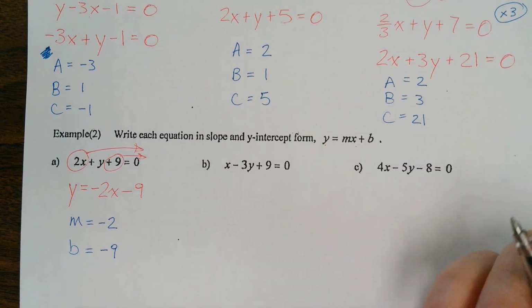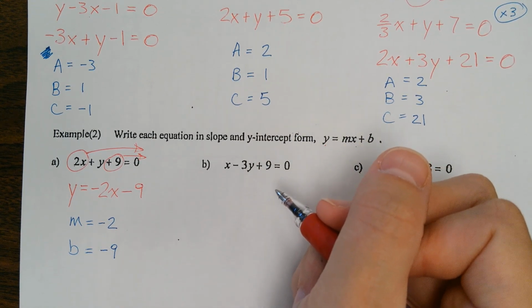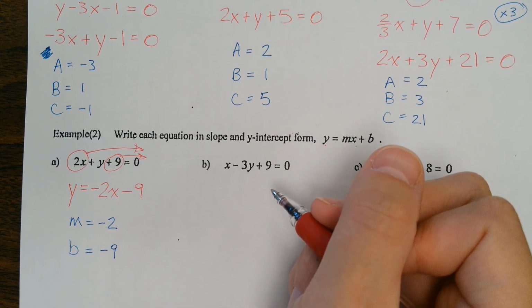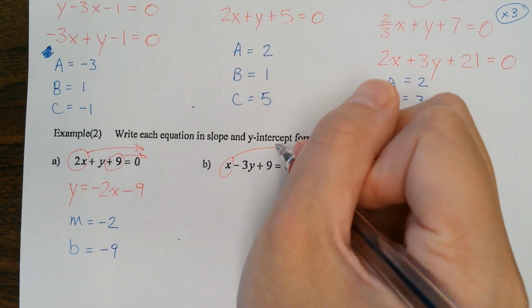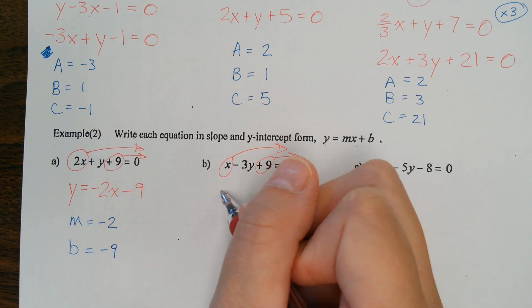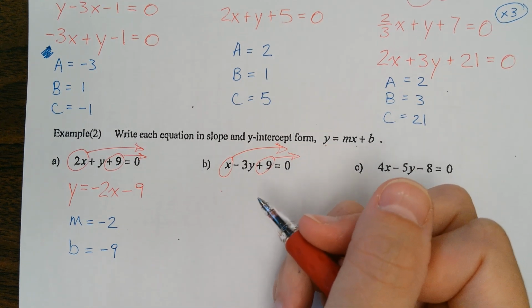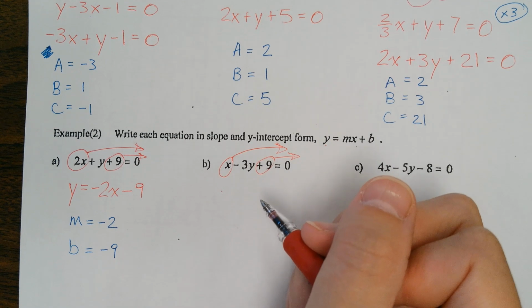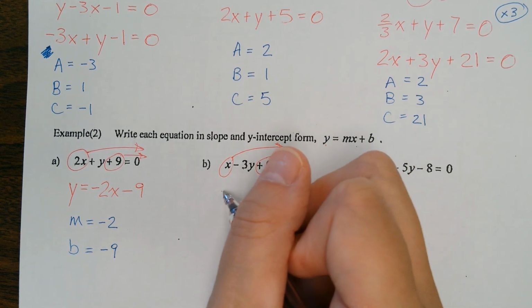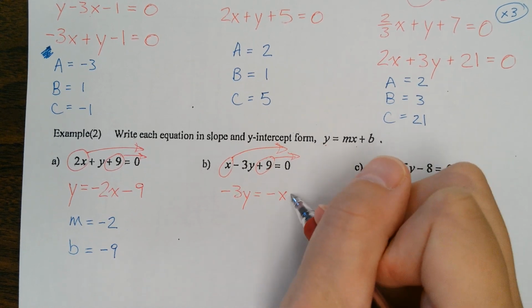Okay, this one. What do I move over? Move over the x and the 9. Okay, so somebody tell me what to write on my next line. Y. Yeah? -3y equals -x minus 9.